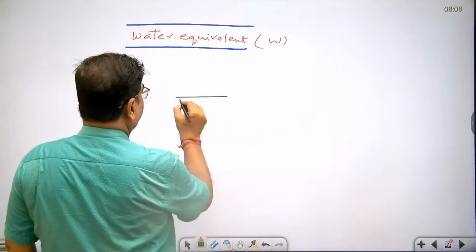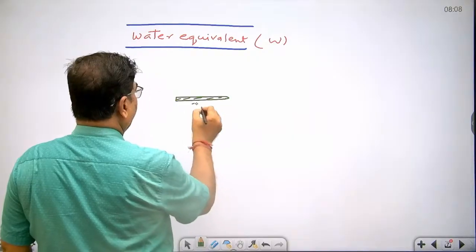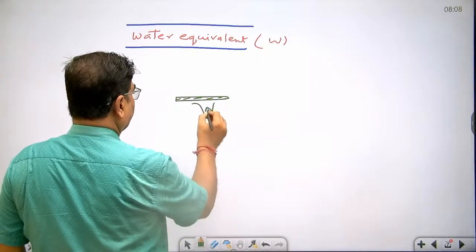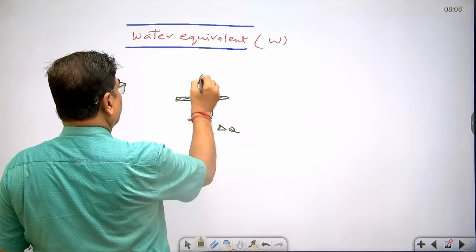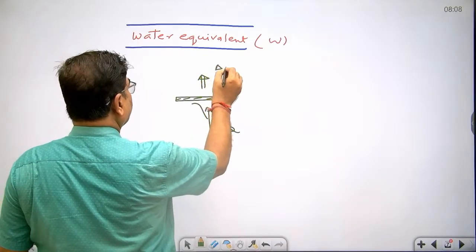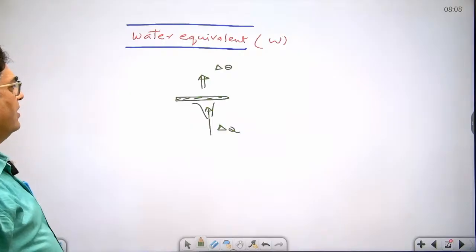Suppose we are taking example of this pen and we are supplying delta Q quantity of heat to this pen. On supplying delta Q quantity of heat to this pen, let us assume the change in temperature comes out to be delta theta.